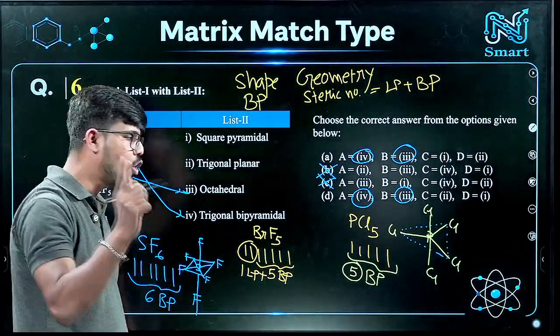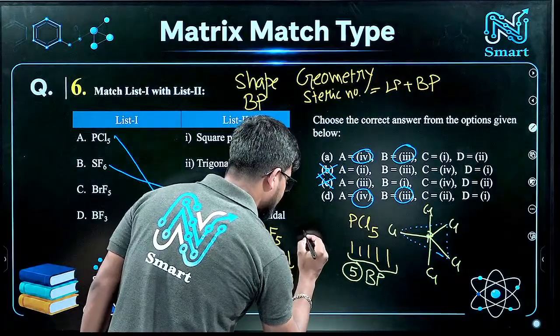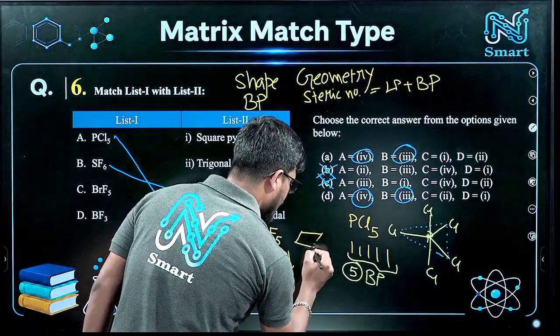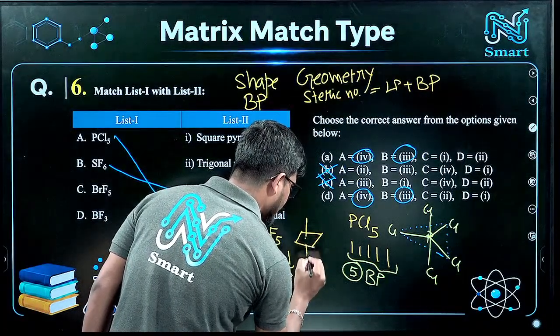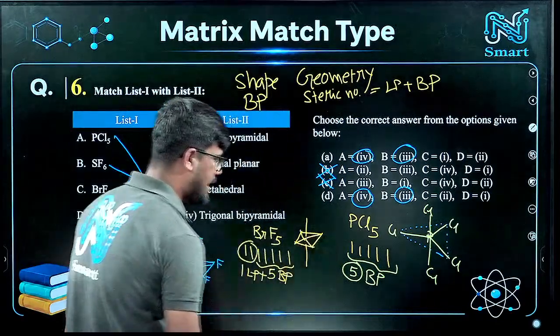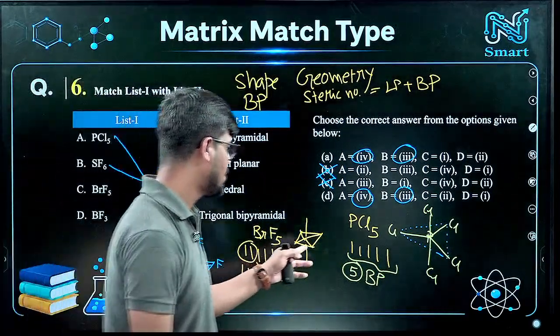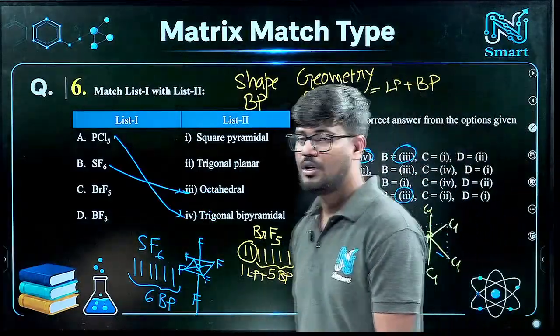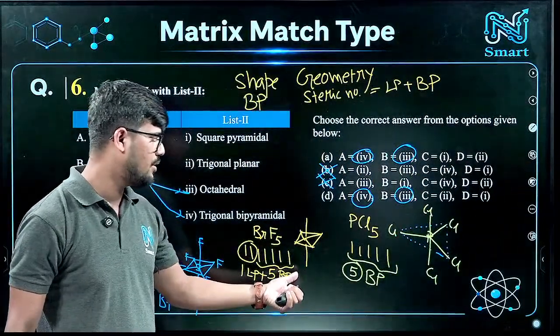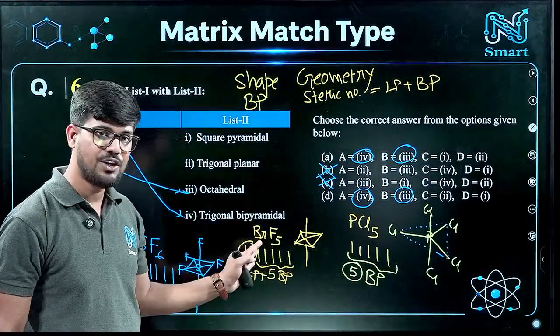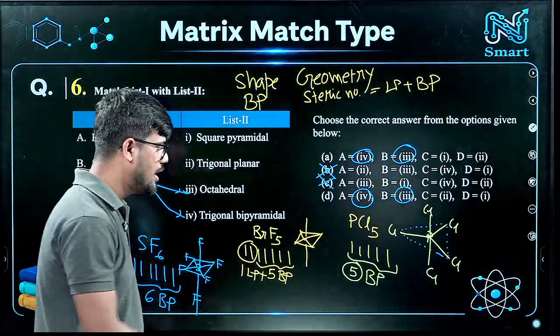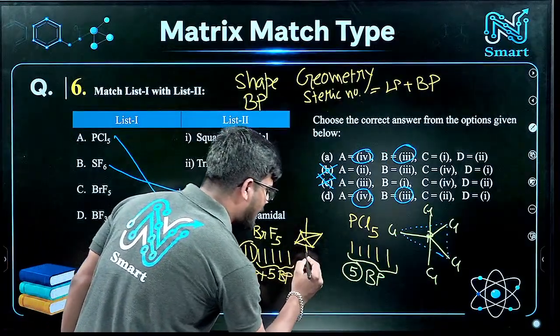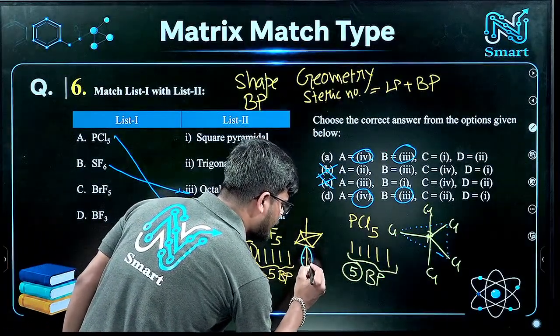So 6 means the geometry will be octahedral, with a square planar arrangement and 2 locations up and down available. So the total geometry will be octahedral. But since we have 1 lone pair, let's consider this is our lone pair.